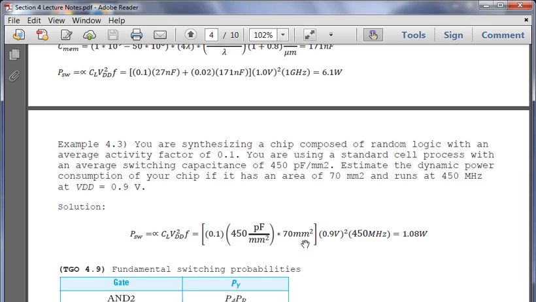We have our average switching factor times the capacitance per unit area times the total area in millimeters squared. In section 2, we actually did a capacitance per unit area problem, so this is where it comes into play. If you're using standard cell libraries, you can estimate the total power consumption of the chip before you synthesize it. Multiplied by VDD squared, here 0.9 squared, times 450 megahertz, which is 1.08 watts.